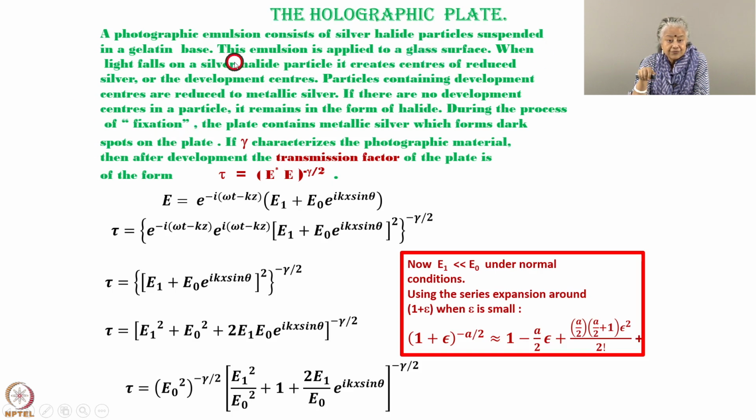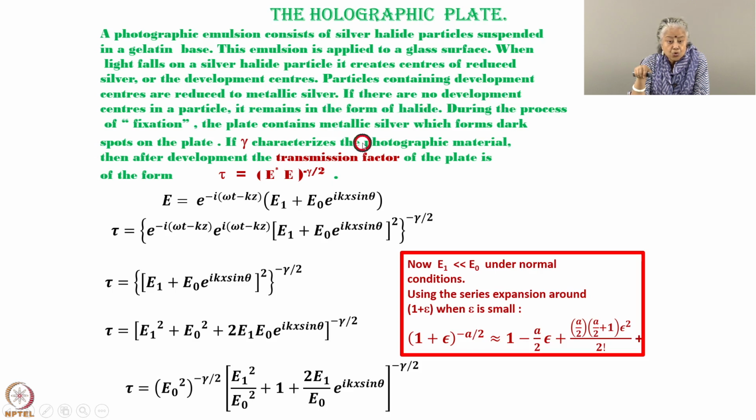When light falls on a silver halide particle, it creates centers of reduced silver, or development centers. Particles containing development centers are reduced to metallic silver. It was silver halide first, and then when light falls on it, it becomes metallic silver.